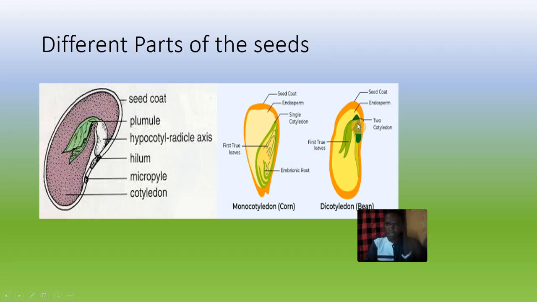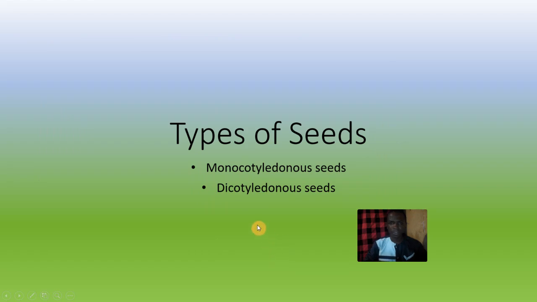Now you can see here we have the two cotyledons. Then the seed coat, which is located on the outer side of the seed. So these are the types of seeds, where we have the monocotyledonous seeds and the dicotyledonous seeds.